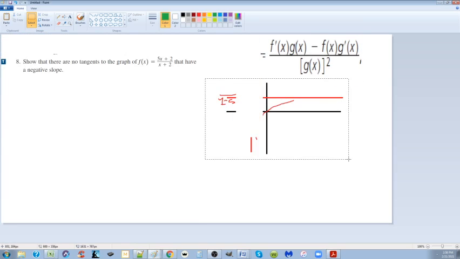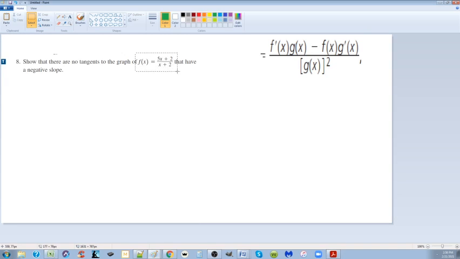Second step, always make a clean copy of your function. Now, this is optional. I don't like to do this, but for students who are struggling, I then assign, and pretend this is not f of x, let's just make that h of x. And then I assign two things.